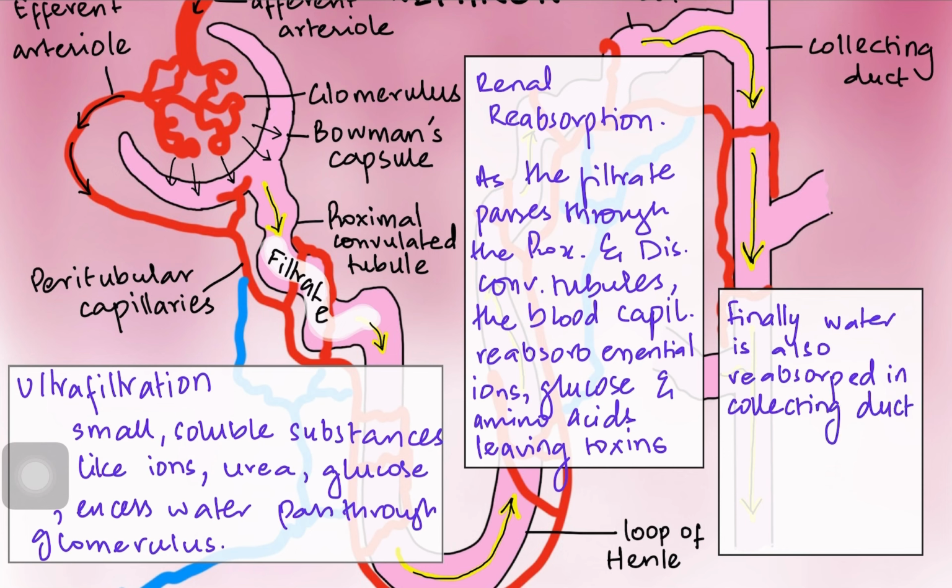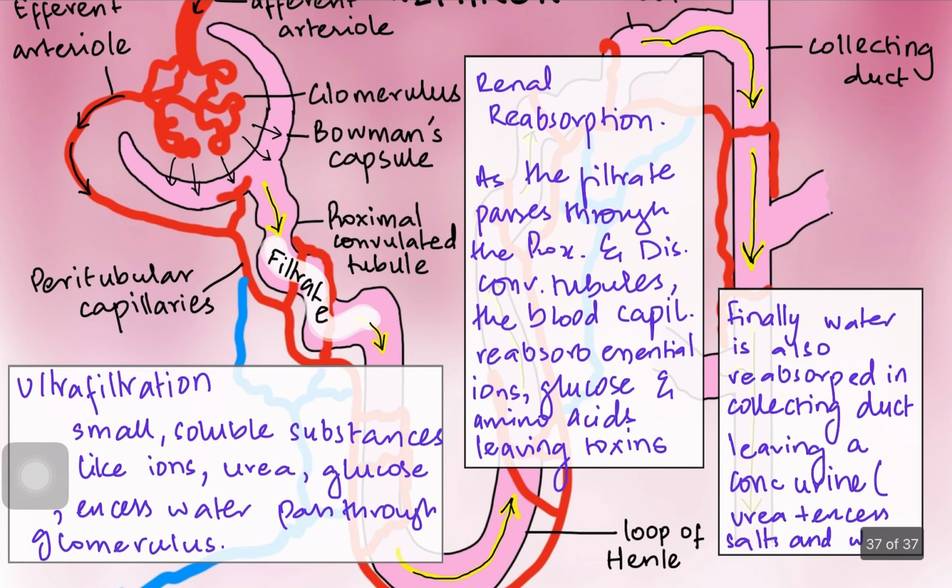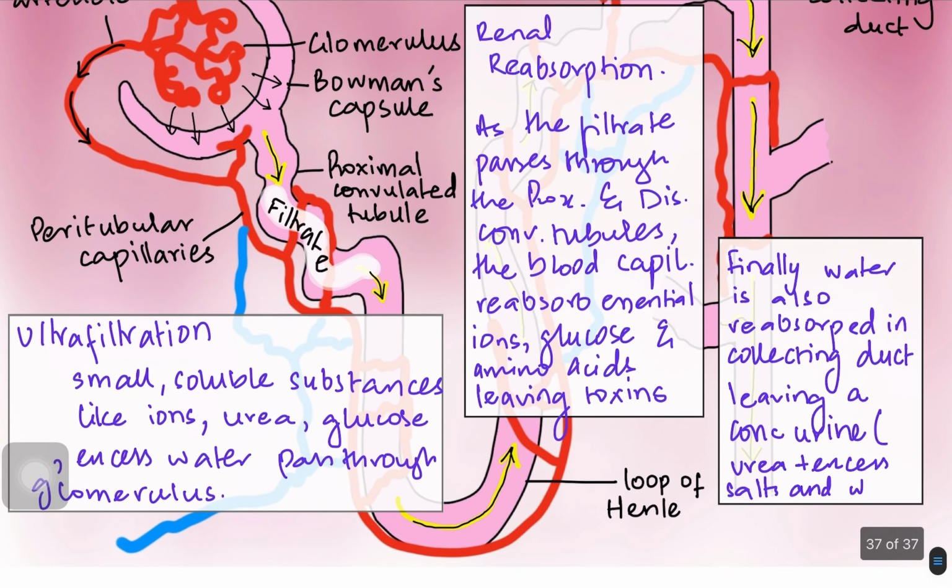By reabsorption we mean it goes into the blood. So the urine becomes very concentrated, leaving a concentrated urine behind, which includes urea, excess water and salts. But most of the water is reabsorbed in mammals. And finally, the collecting duct produces the urine, which goes outside the collecting duct, and finally it is eliminated out of the kidney.